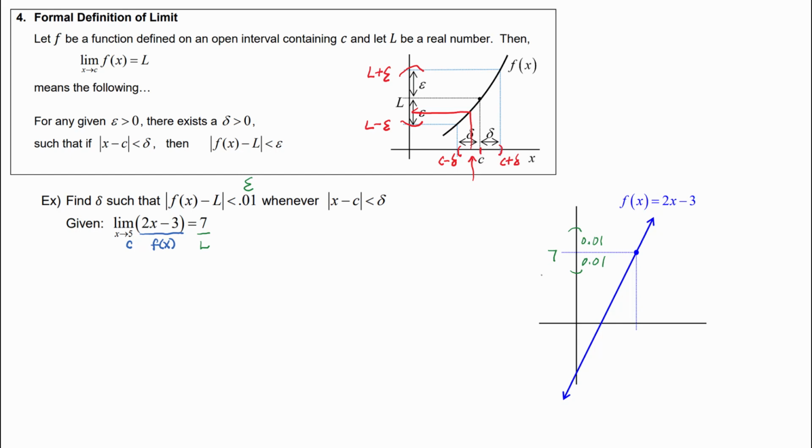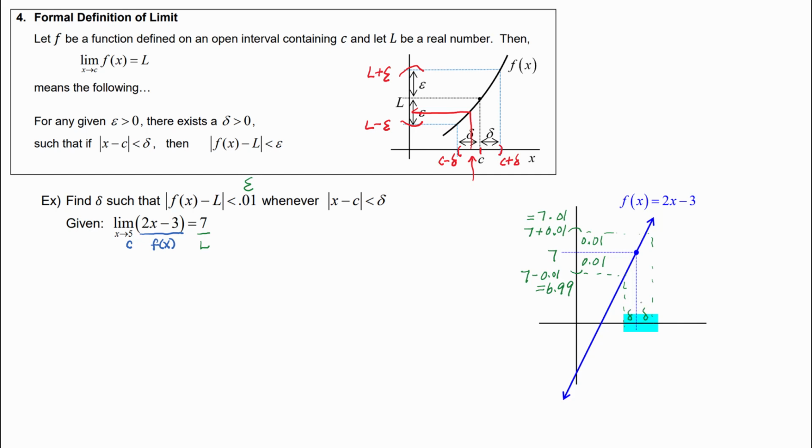That means I want the function value to be in the interval 7 minus 0.01, which is 6.99, to 7 plus 0.01, which is 7.01.